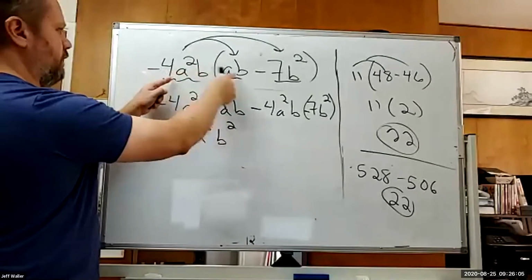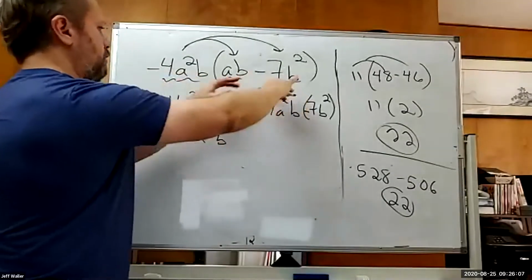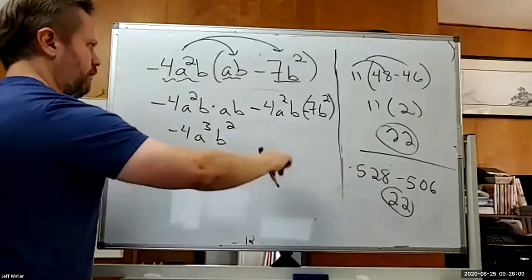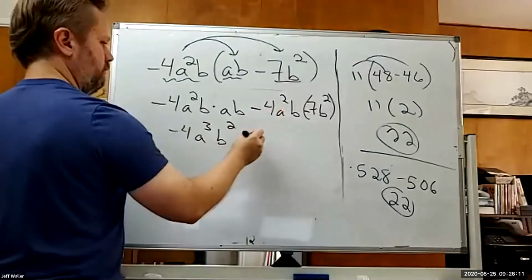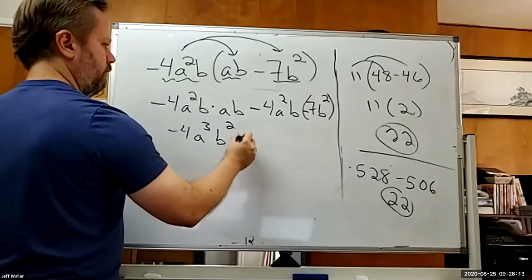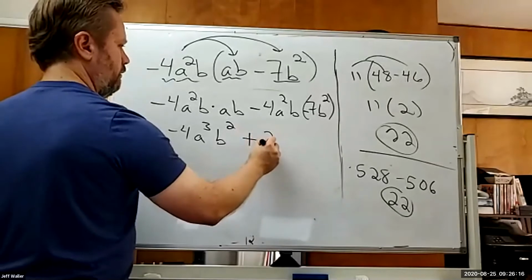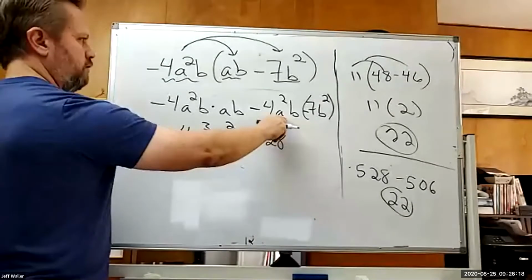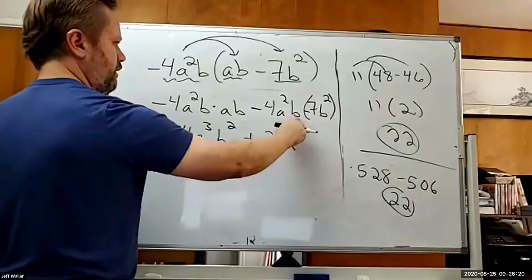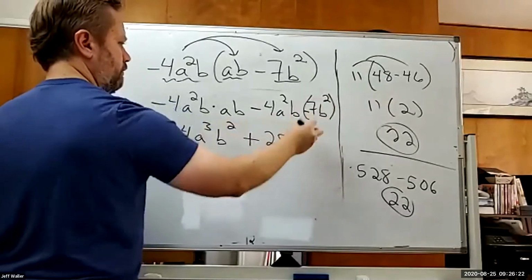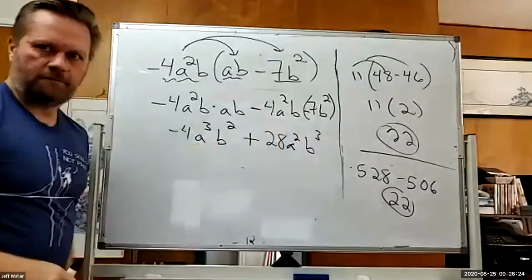You can do this times this, and then this times this. And now you have 2 problems you can focus on. -4 times -7 is 28. Positive, I love it. And then 2 a's, no more a's, and then 3 b's. Done.